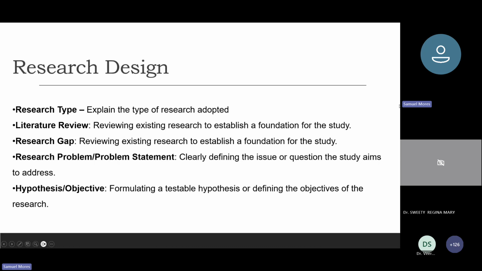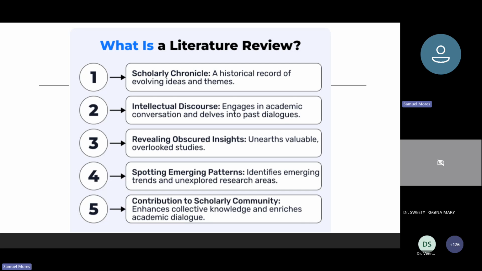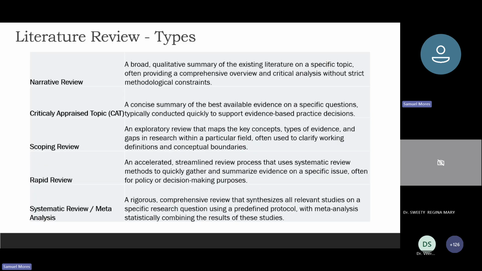There are so many types of literature review. Probably you have listened to what are the different types of literature review that are available. Let me show some of the styles of literature review. There is something called narrative review.